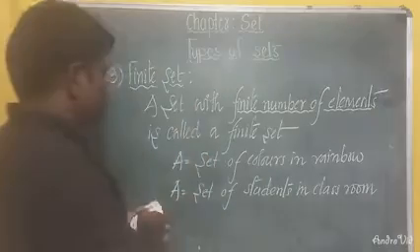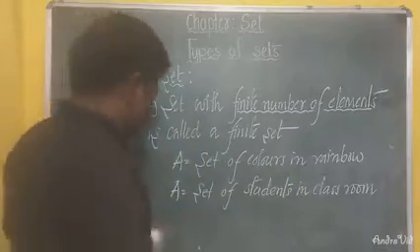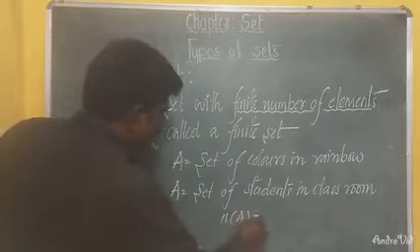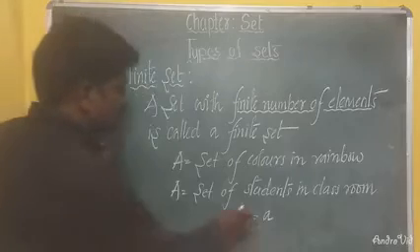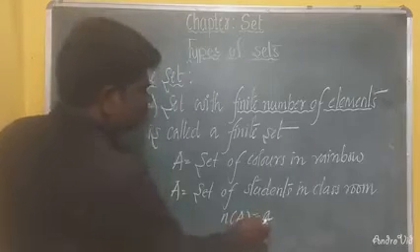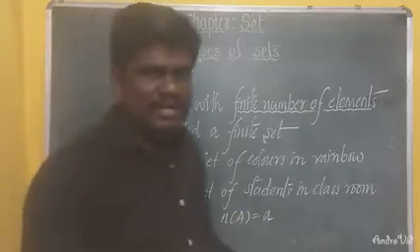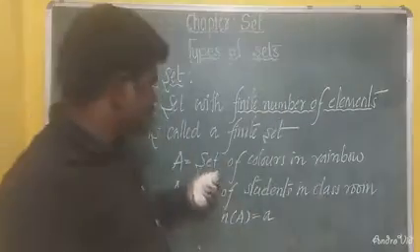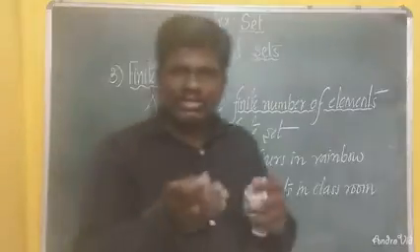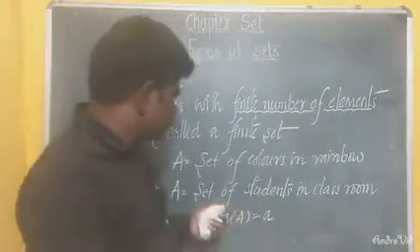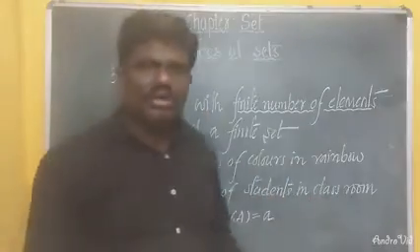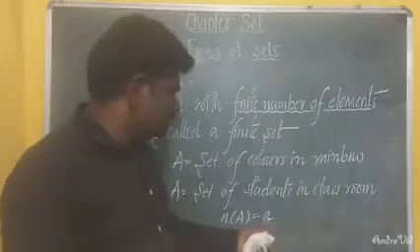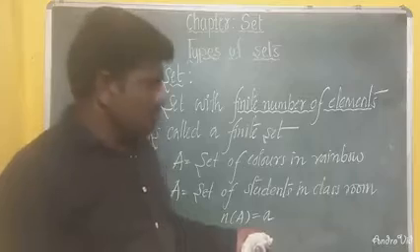The cardinality of this set will be n of A, which is equal to a small a. This small a represents that number you know, for example in the case of a rainbow, or the students in the classroom.